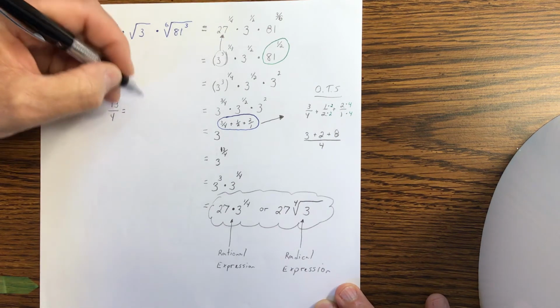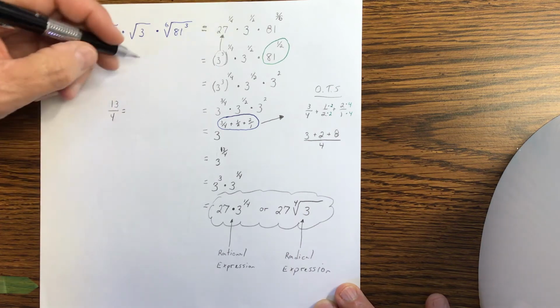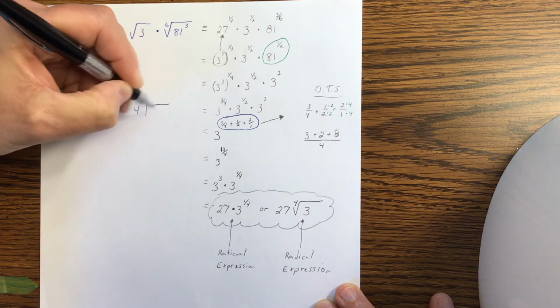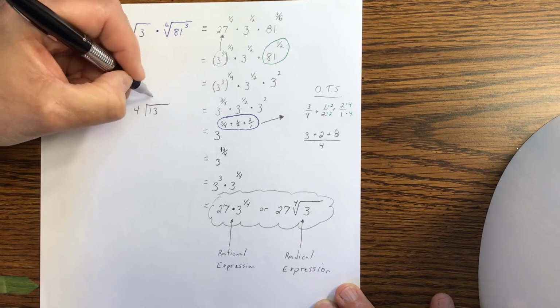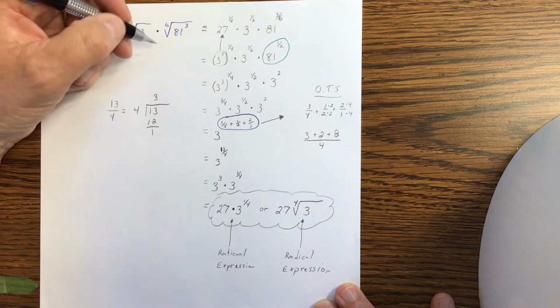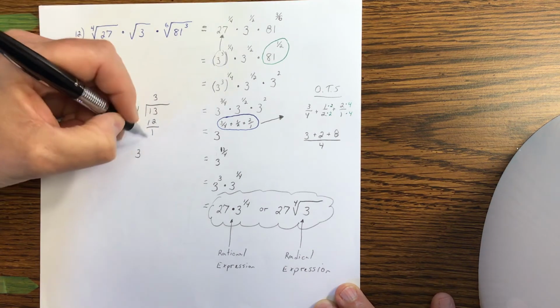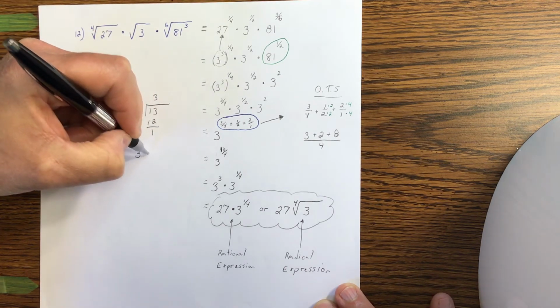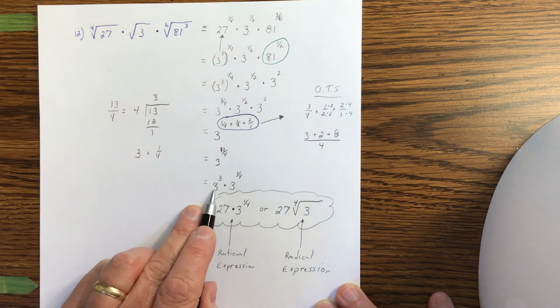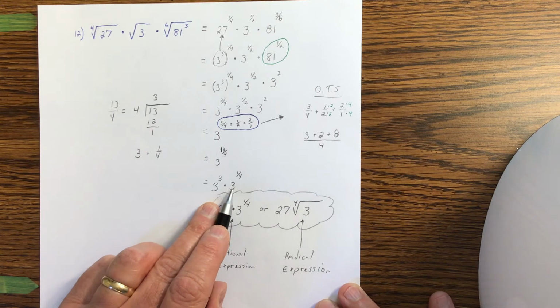I'm just doing a little bit of a sidebar here. 13 divided by 4, so 4 goes into 13 3 times with a remainder of 1. So we know that's 3 and 1/4. So that's where I get 3 to the 3rd times 3 to the 1/4.